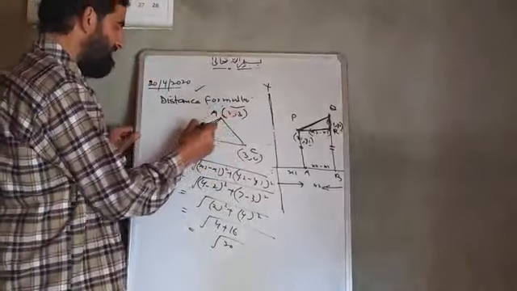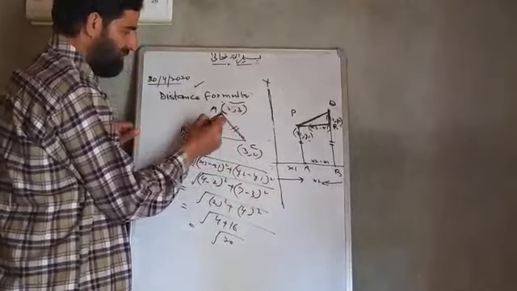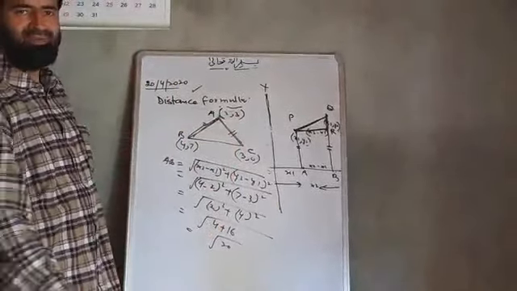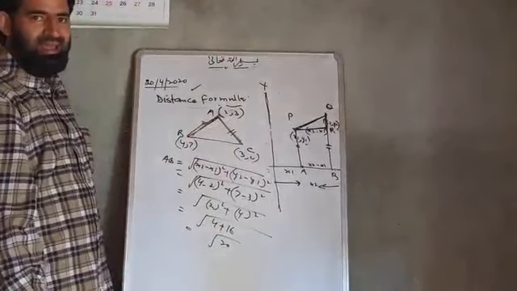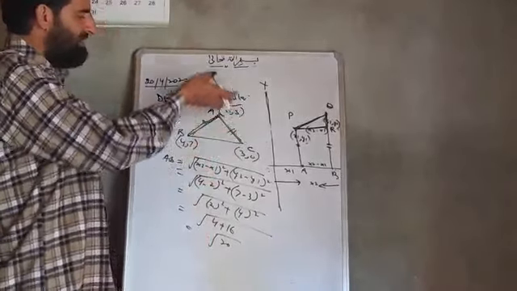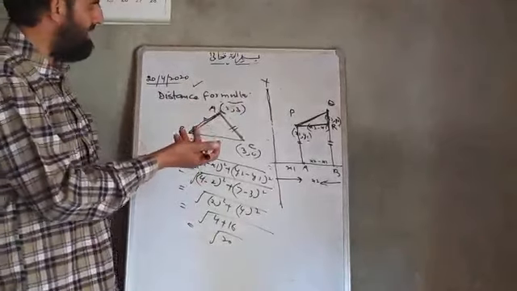And if this AB is equivalent to AC, then ABC is an isosceles triangle. You know it: if two sides of a triangle are equal, then it is an isosceles triangle. So if the coordinates of a triangle are given, you can check whether it is an isosceles triangle or a scalene triangle.